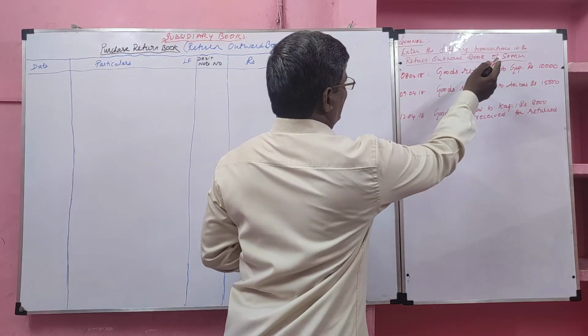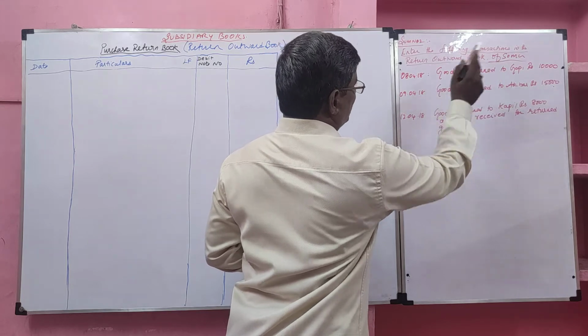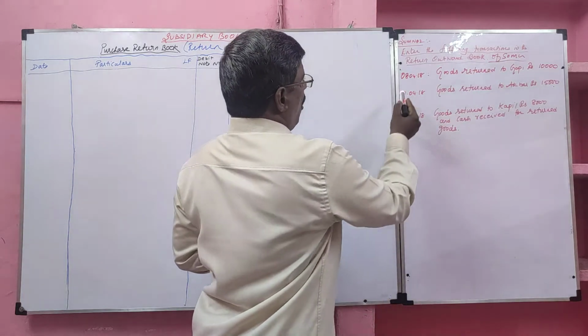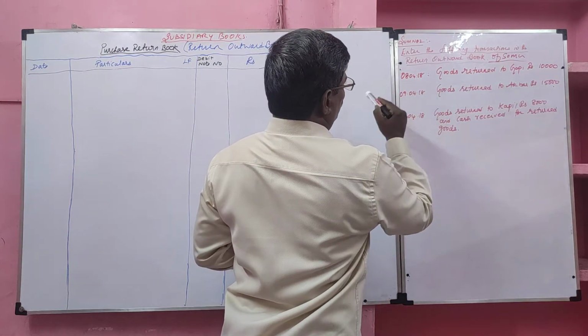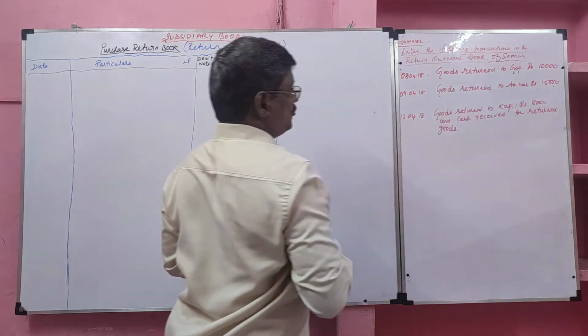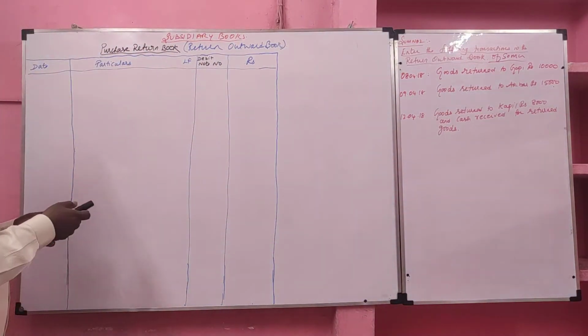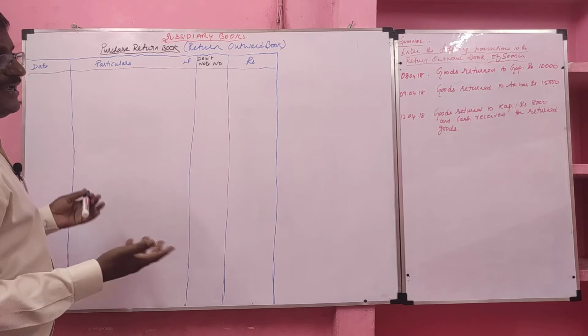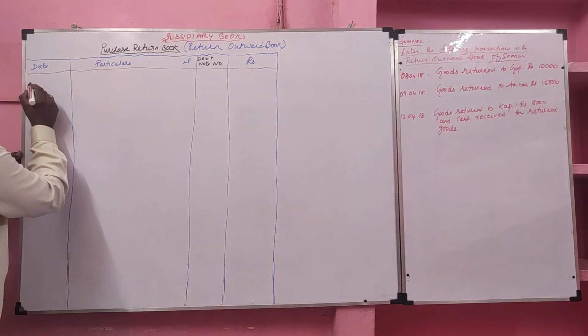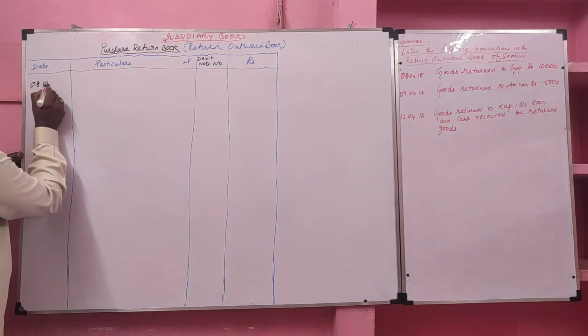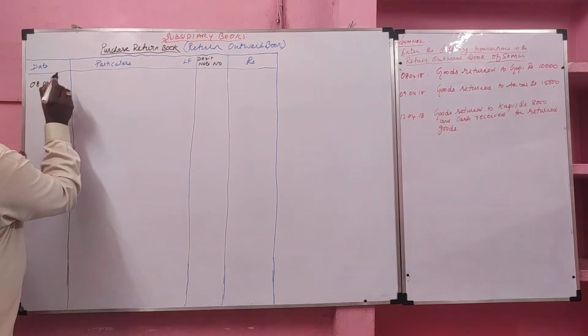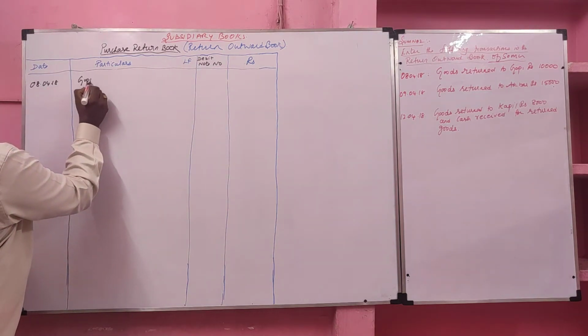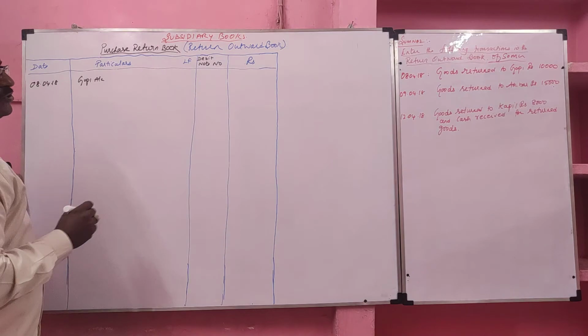Enter the following transactions in the return outward book of Mr. Somu. On 8th April 2018, goods returned to Gopi. So we are returning goods to Gopi, rupees 10,000, cash not received. So we can write 8/4/2018. Returned goods to Gopi.